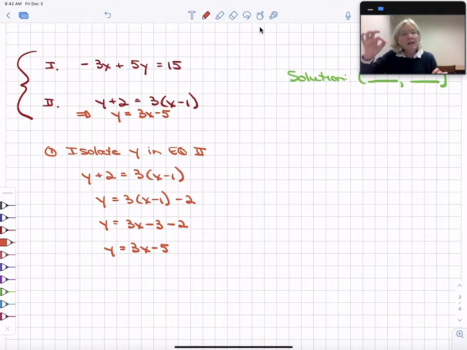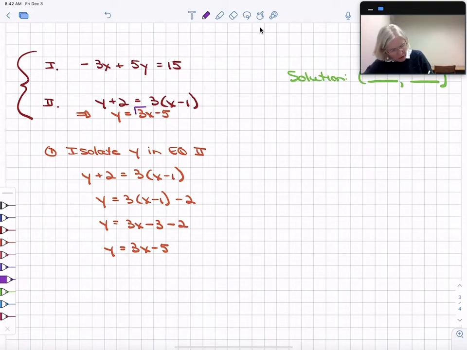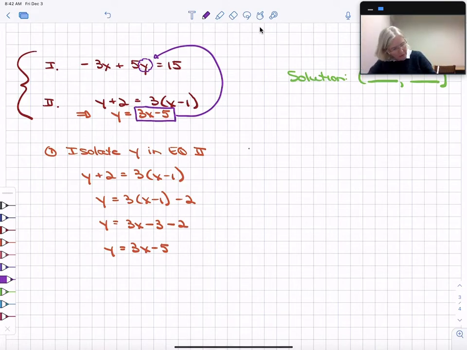Now the purpose, why I wanted to isolate one of the variables, is I can now take this little expression 3x minus 5 and substitute it for y in the other equation. All right, so that's going to be my next step. I'm going to substitute the expression 3x minus 5 into equation 1.